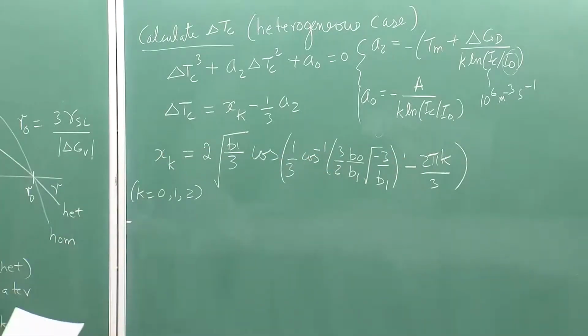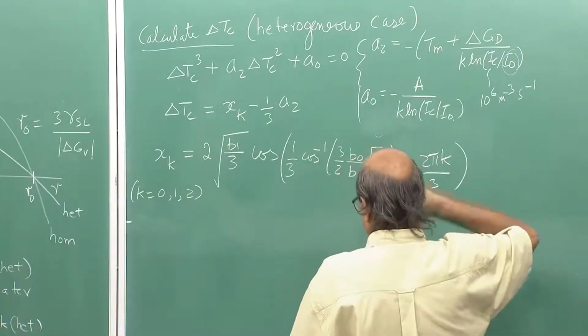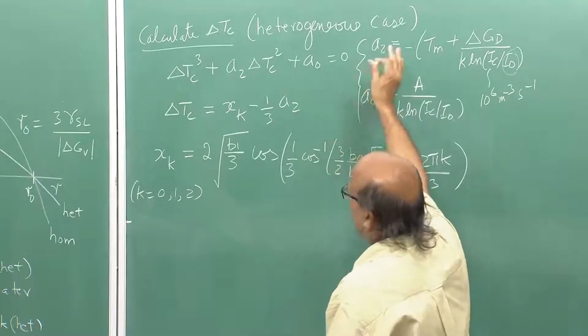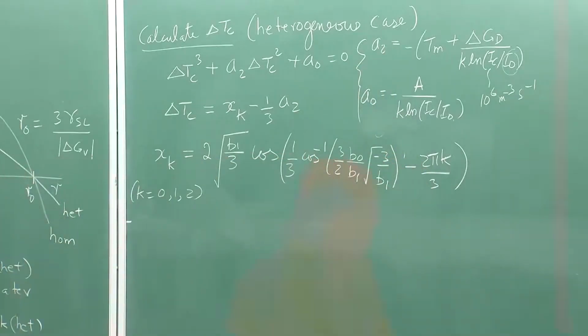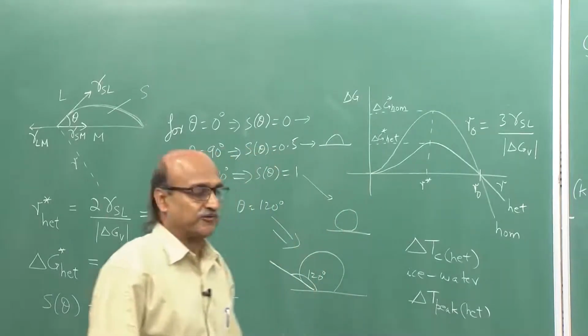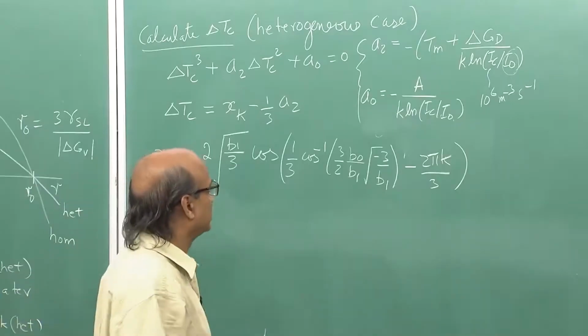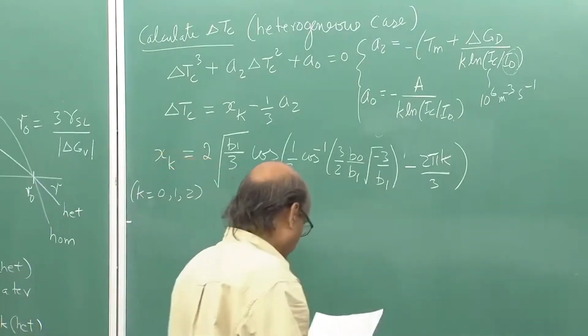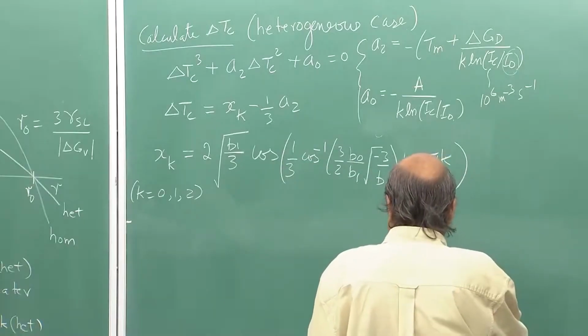Now when I do this calculation for ice water system, we already know what the values for various quantities in that, in terms of the solid liquid interface energy, in terms of the enthalpy change, etc. Those values have already been used several times.